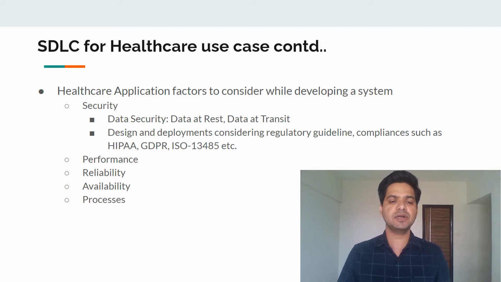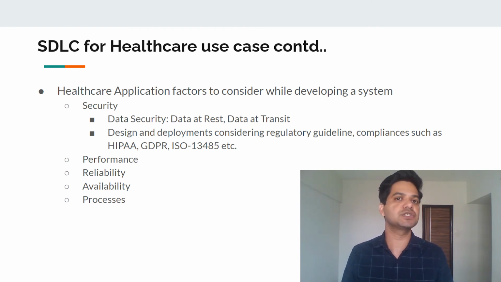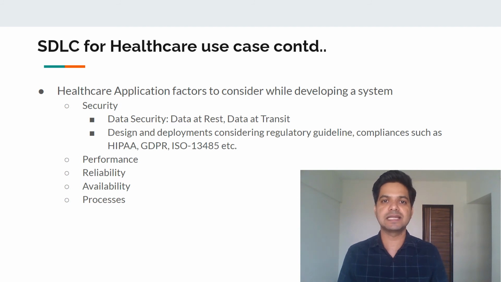The next important aspect around security is that at the time of design as well as deployment, we need to consider the regulatory guidelines and compliances which either the customer has set or any stakeholder is expecting, that you or your team need to follow while developing this particular healthcare application.